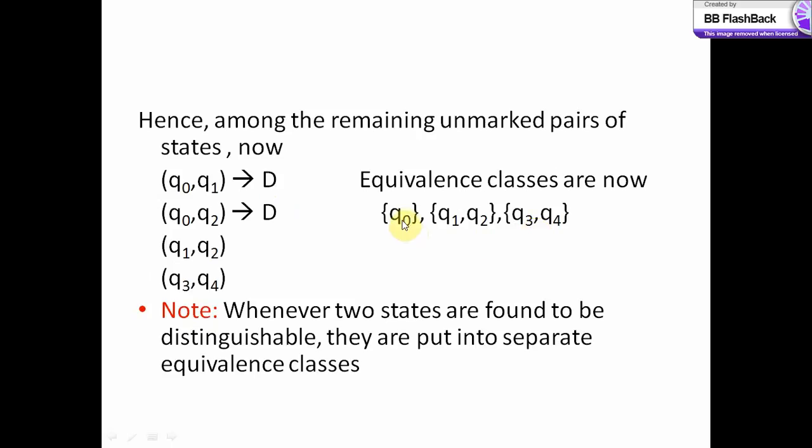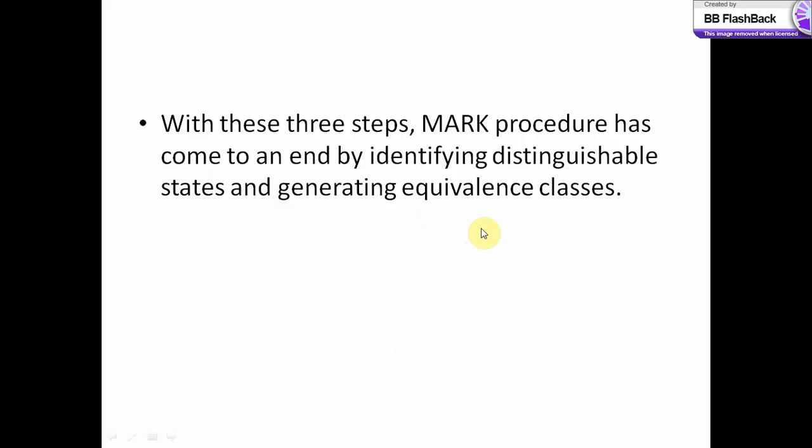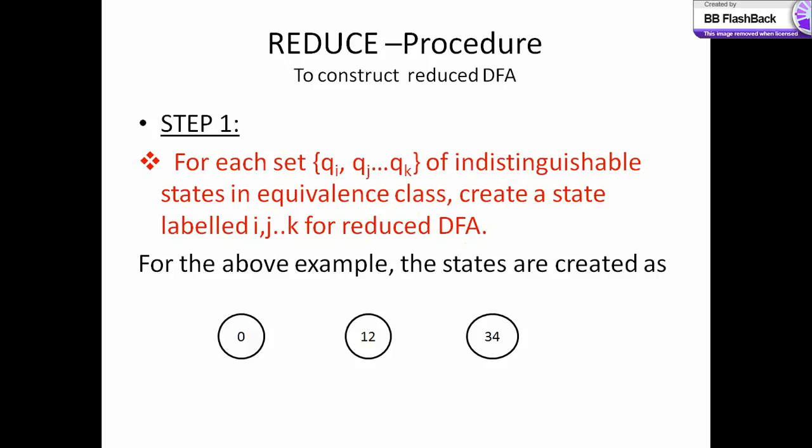We simply take the numbers in the states and create a state using those labels. So Q0 in one class becomes state 0, Q1, Q2 together becomes state 1, 2, and Q3, Q4 becomes state 3, 4.